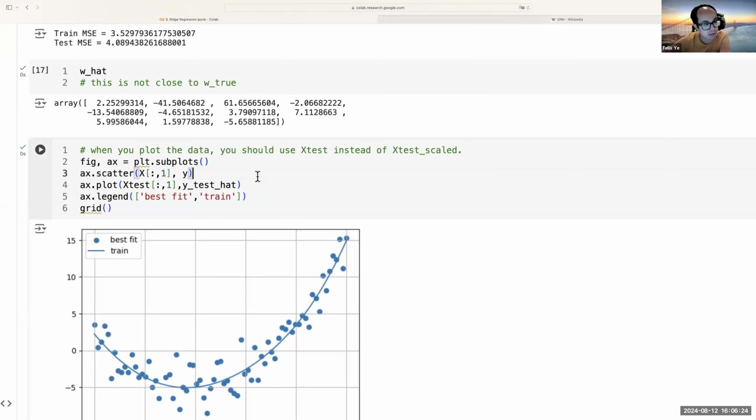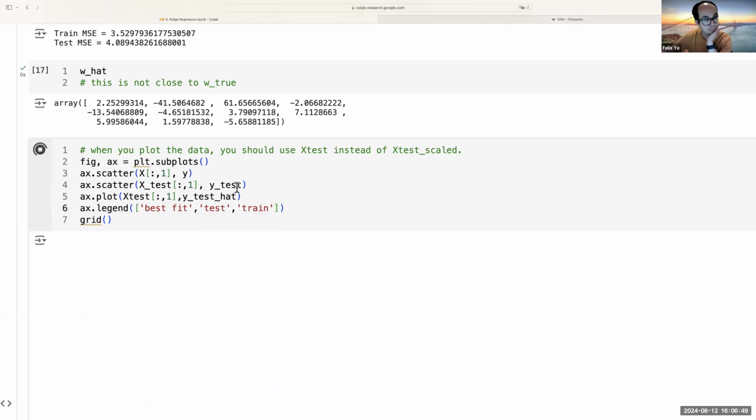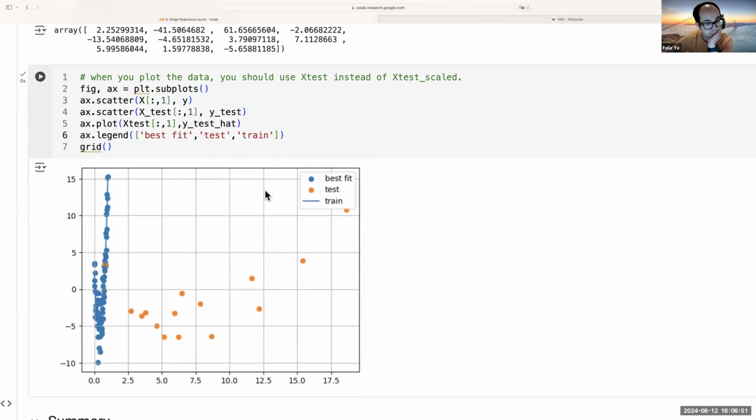Plotting X test. Oh yeah, that's already X test here. Oh yeah, that's just in the fit already. Y test. Okay, so Y test, scatter, train, test, train, right? Wait.